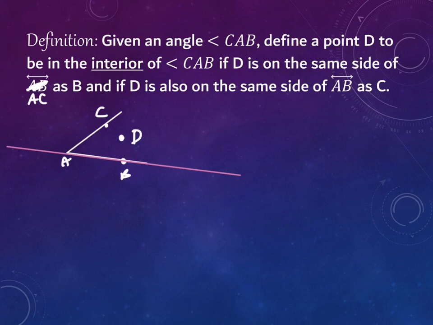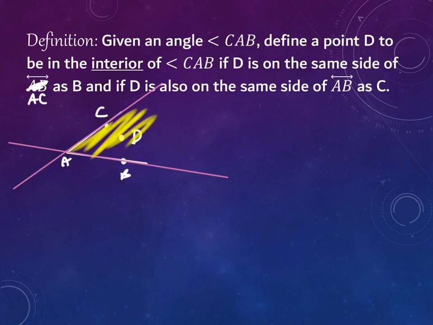D is on the same side of the line as C is. And if I were to draw in line AC like that, D will be on the same side of that line as B is. In other words, it's the intersection of those two same sides. So these are my two lines, and to be on the same side's intersection would mean that I have to be in here, which is exactly what we mean by interior.